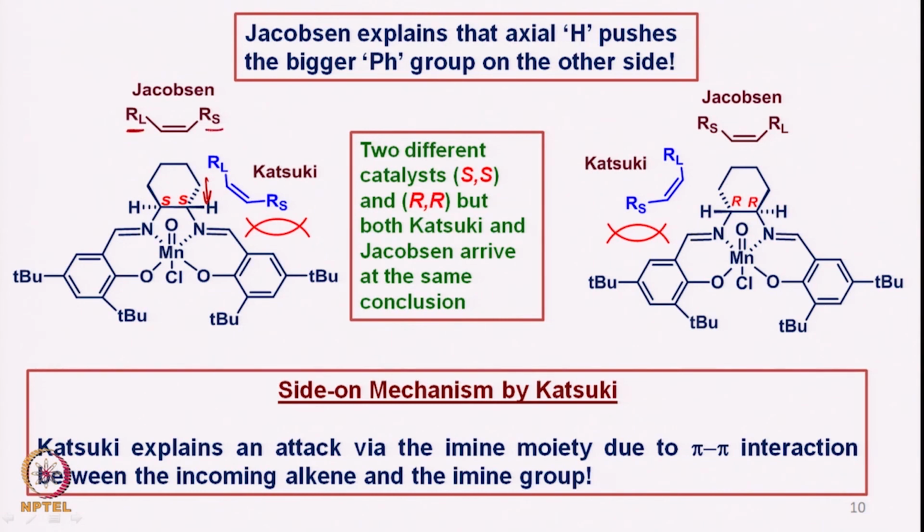Therefore, the smaller substituent is kept on the right side and the large substituent goes on the left hand side to avoid the interaction with this particular hydrogen, which is beta oriented here and alpha oriented here.